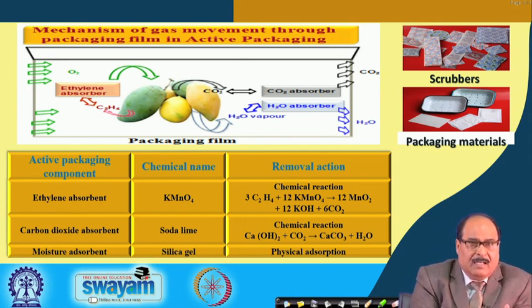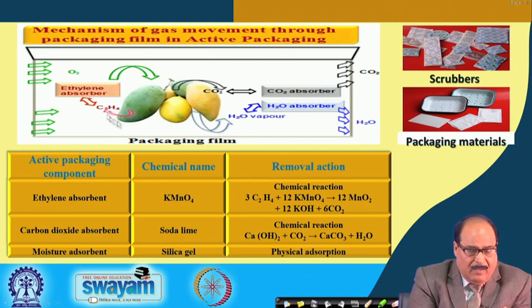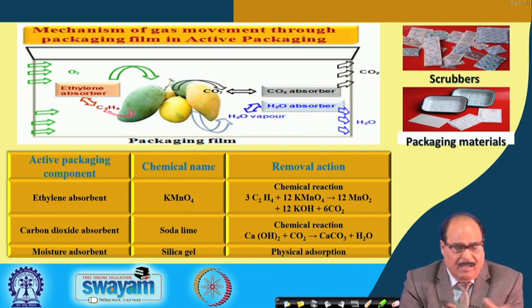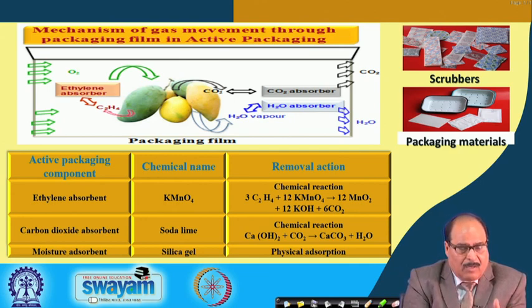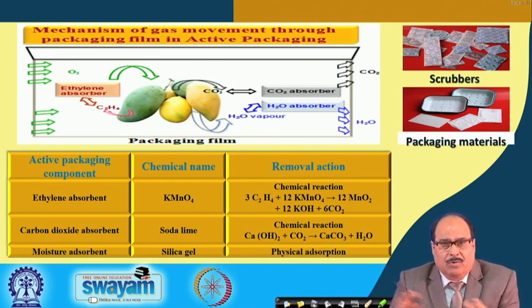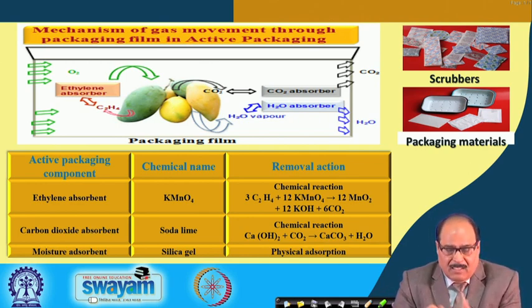Like you can see here, that is the ethylene. Ethylene is consumed by the food materials or fruits, etc. It is a ripening hormone, and they also release ethylene. So, an ethylene absorber may help in controlling the ethylene concentration in the packet, and therefore control the ripening process.